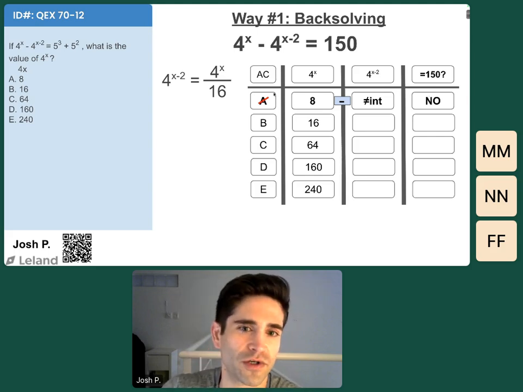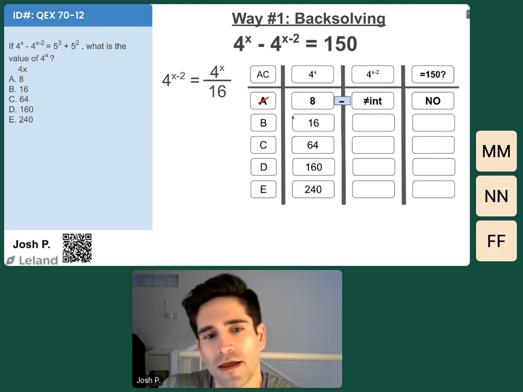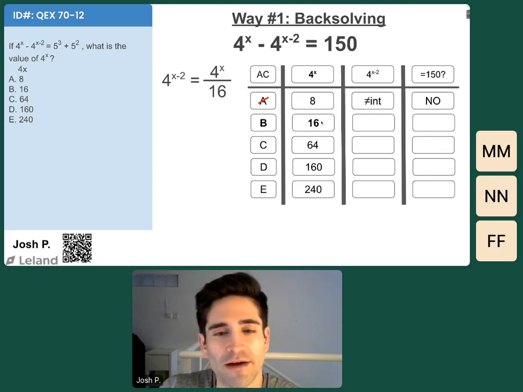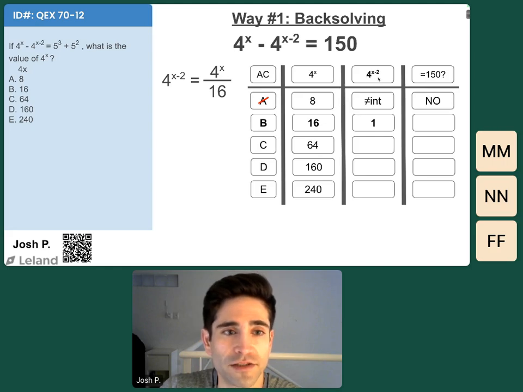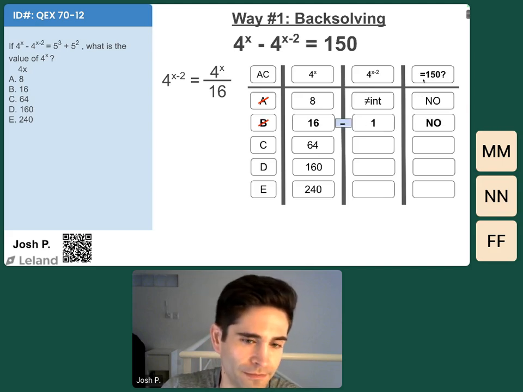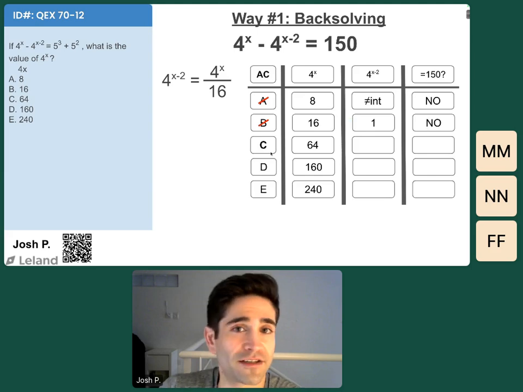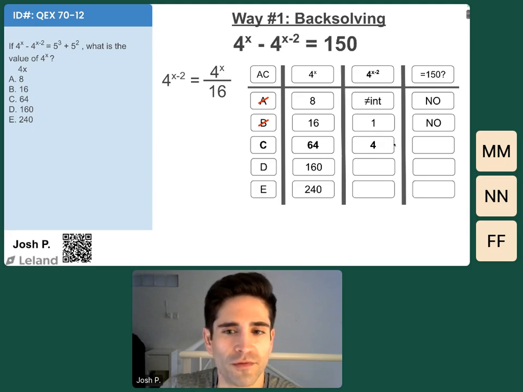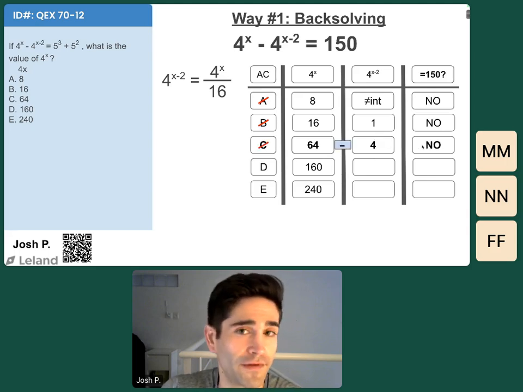So we can eliminate answer choice A. In the case of B, when 4^x is 16, 4^(x-2) is 1. 16 minus 1 is not 150. Let's look at answer choice C. 4^x is 64, and therefore 4^(x-2) is 4. 64 minus 4 is not 150.